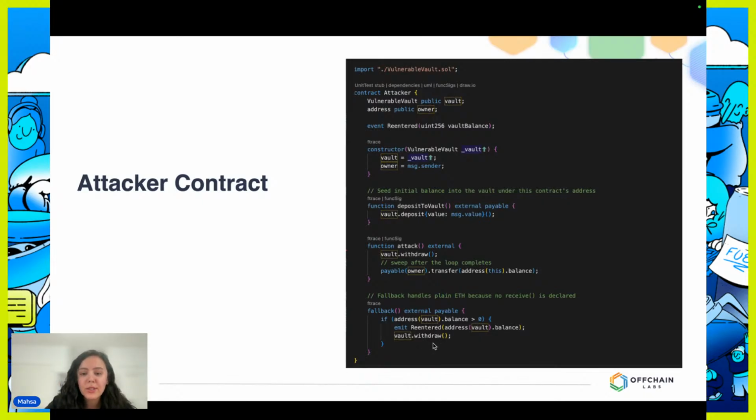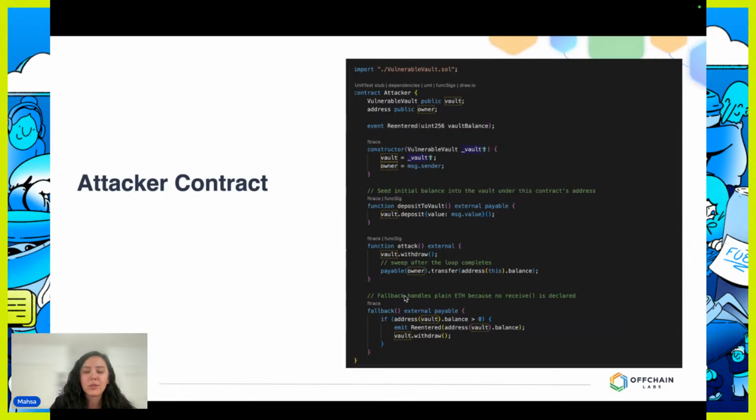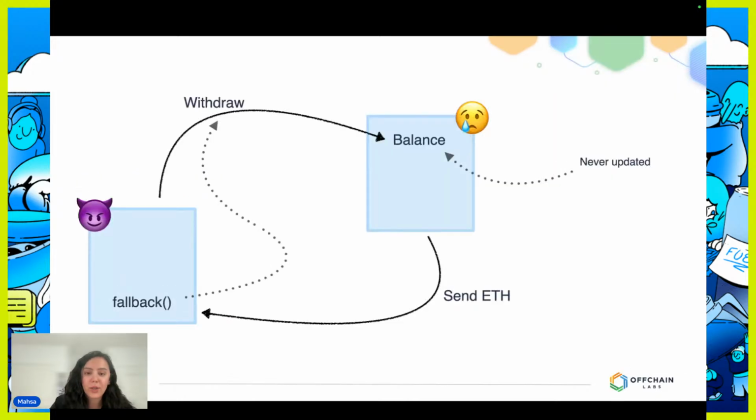So they call the withdraw function again. And because the victim contract hasn't updated the balance yet, the withdraw function gets called, and it continues withdrawing from the vulnerable vault until there's no fund left to withdraw from the contract.